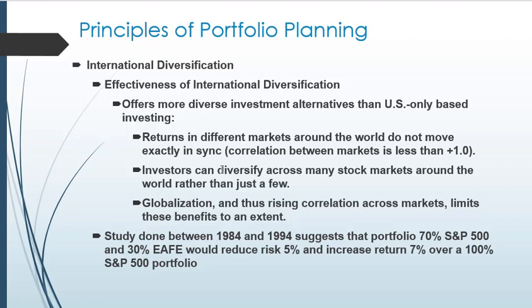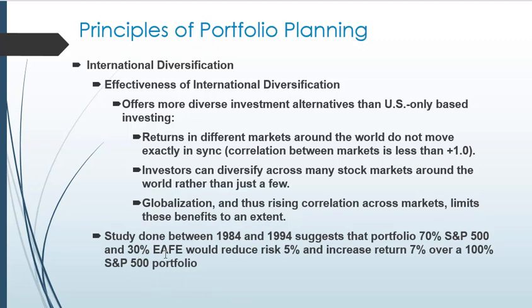And of course, you can diversify across many stock markets around the world, rather than just a couple. The globalization of our economy has given us correlations that tend to be rising a little bit. The global economy is coming together, if you will. So we are losing some of the correlation that's historically been possible internationally, but we still do get some diversification.